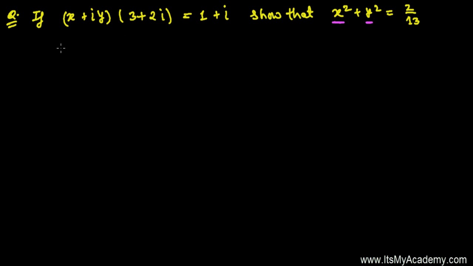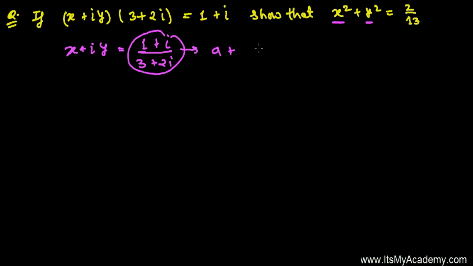First, you can write x plus iy equals 1 plus i divided by 3 plus 2i, and by solving this into the standard format of a plus bi, you'll get the value of x as a and y as b. This is one method.